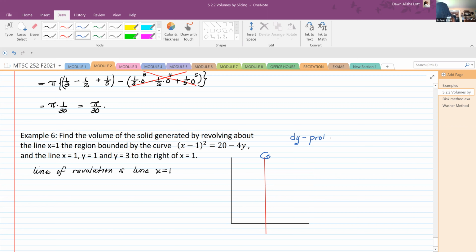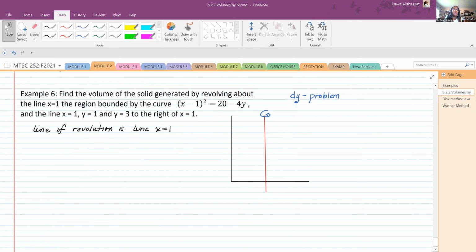Whenever I'm revolving about the x-axis or a horizontal line, I have a dx problem. But if I'm revolving about the line x equals 1, anything parallel to the y-axis, it's a dy problem. So my volume is going to be the integral from c to d of pi times, and this time I need to write my radius as a function of y, dy.